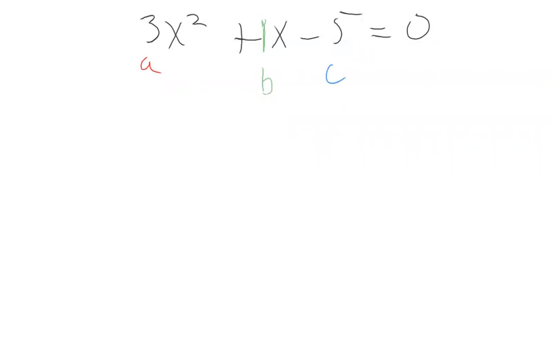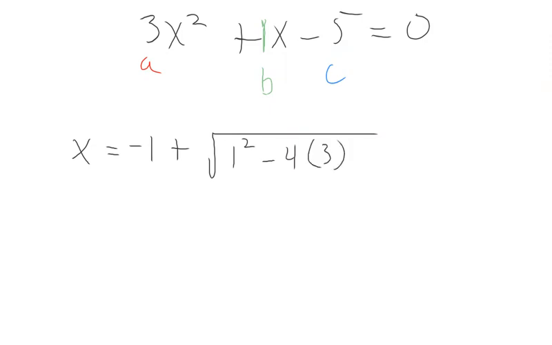So I go to put this, okay, I saw your chat. Thank you. I'll put this into my quadratic. X equals negative 1 plus the square root of 1 squared minus 4 times 3 times negative 5.